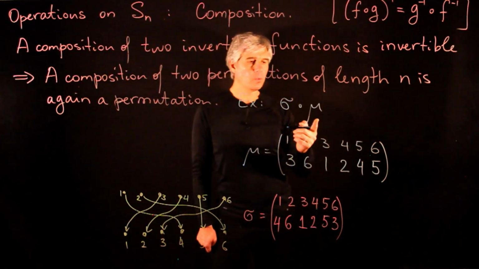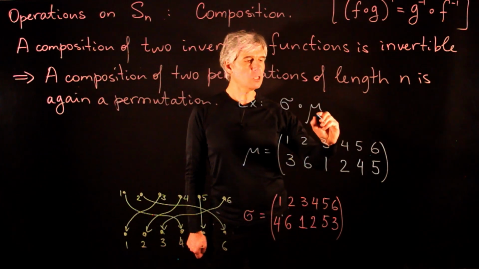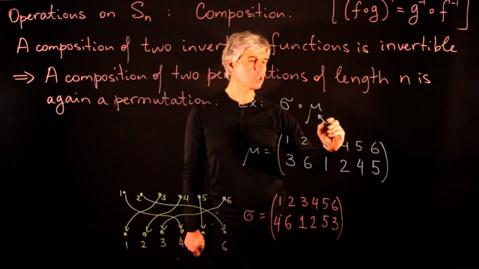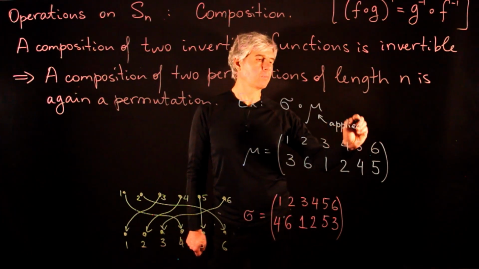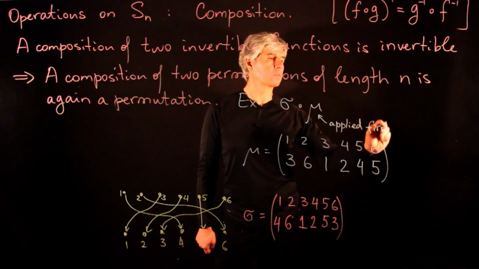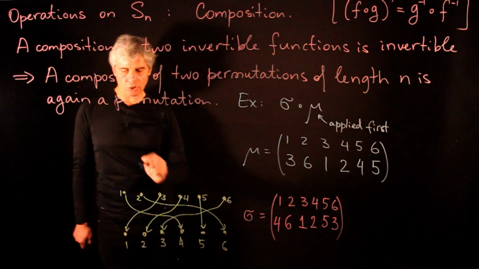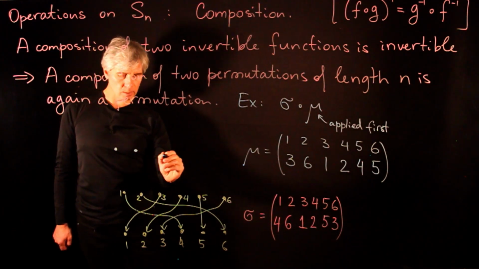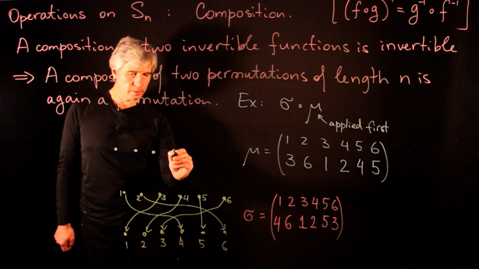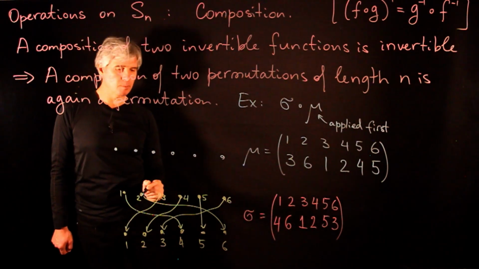So when we write sigma composition with mu, in these notations we recall that our convention is that mu is applied first. So how can we calculate this composition? Diagrammatically, what we do is we draw the diagram of mu and the diagram of sigma.